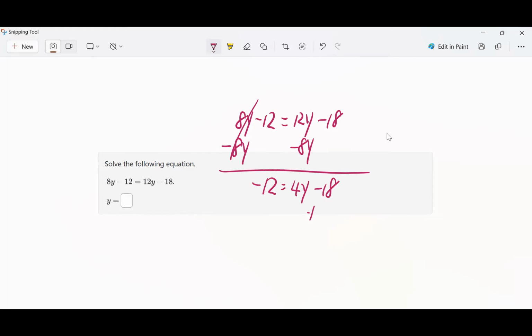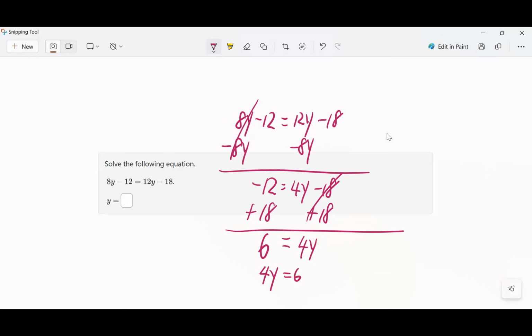And from there, we just add 18 to both sides of the equation. Once you cancel that, you get 4y on the right. On the left is 18 plus 12, which is 30. Right? Now, if you want to reverse it, you can reverse it as 4y equals that. I'll divide both sides of the equation by 4.